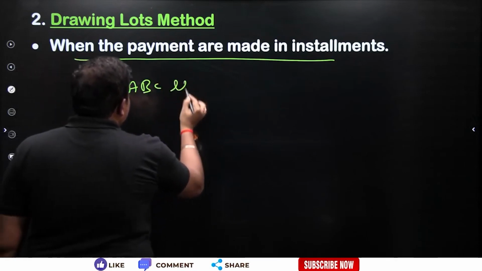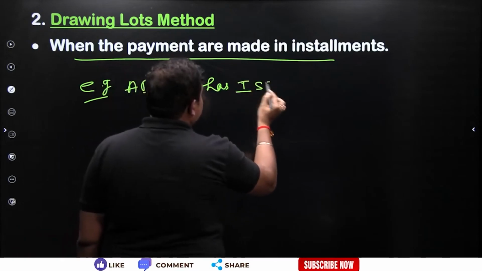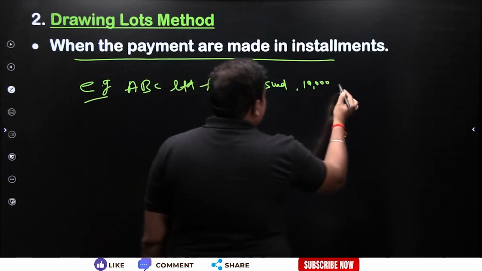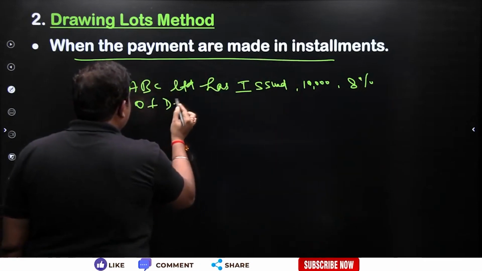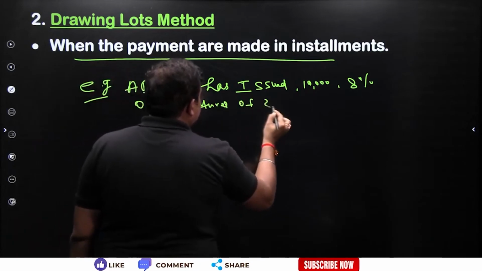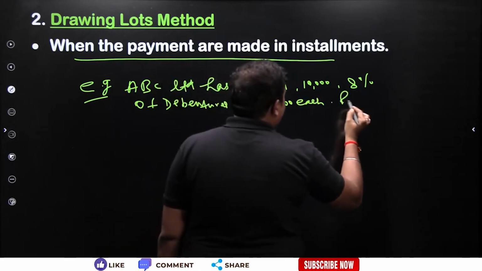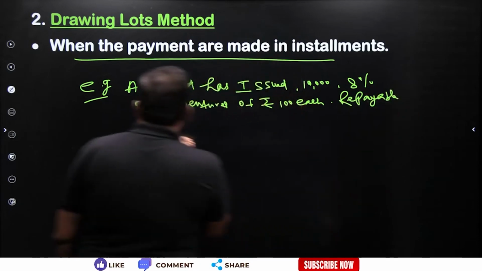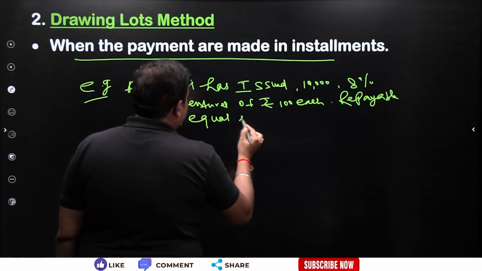ABC Limited has issued 10,000 8% debentures of rupees 100 each, repayable in 4 equal annual installments.